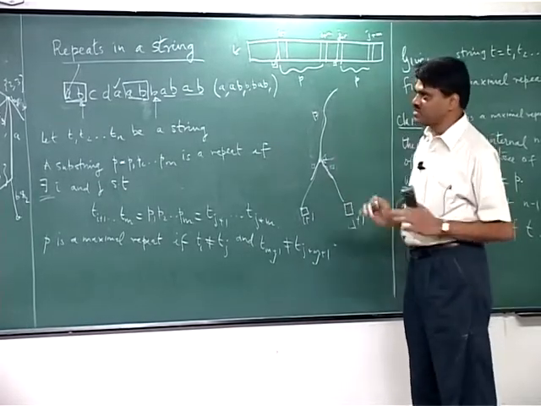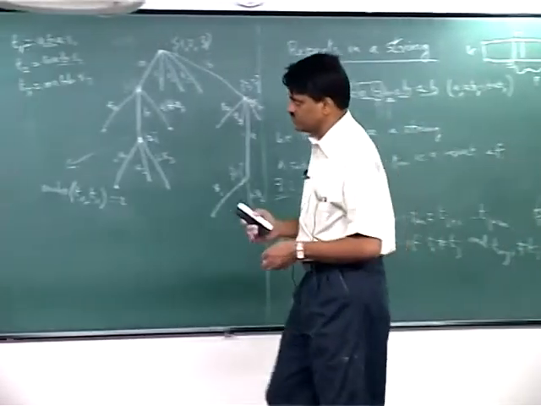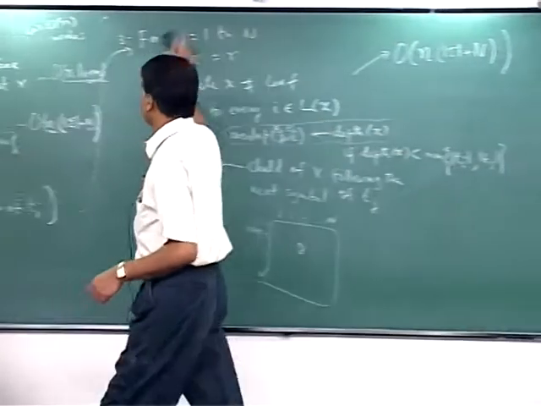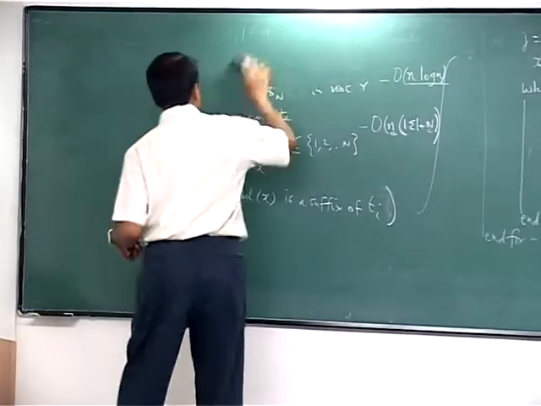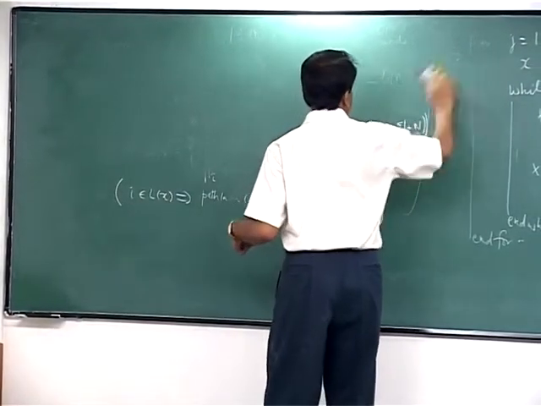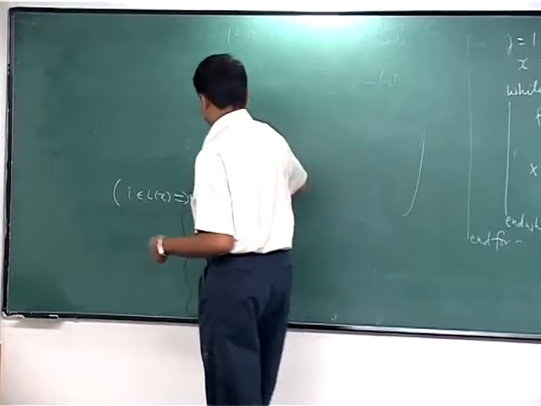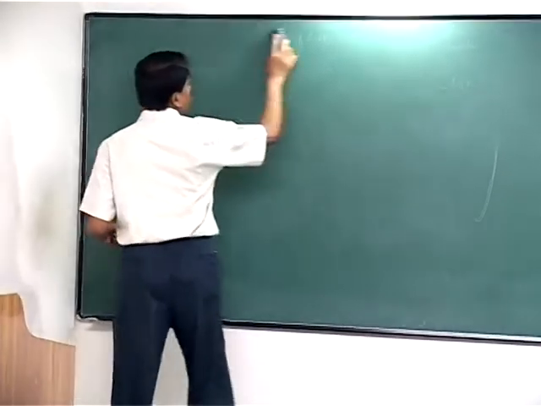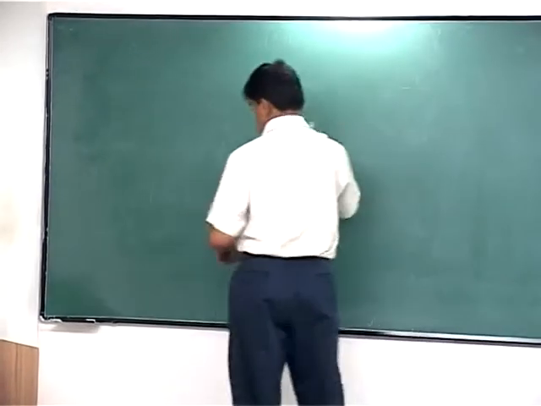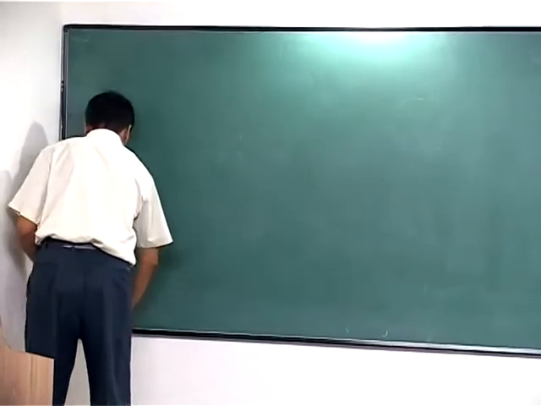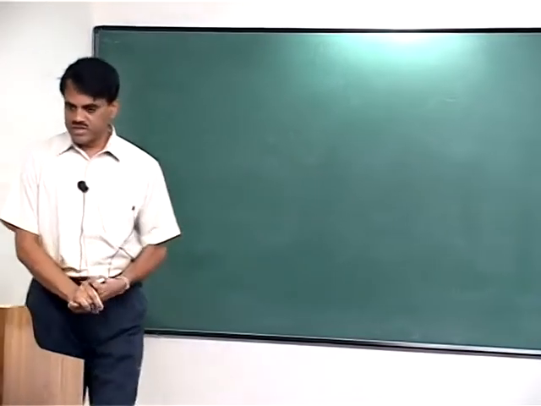So let's just use that. That's the only thing which stops you from just calling any internal node a maximal repeat. So let's introduce this notion of left diverse.